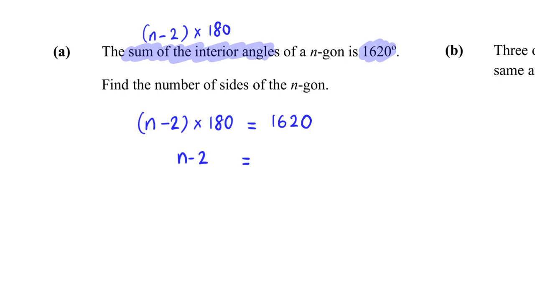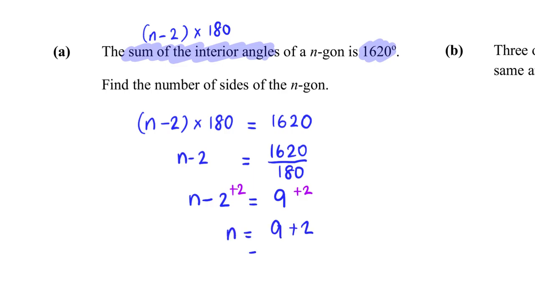Pretty straightforward. Now, I'm going to divide by 180 on both sides. So this will give me 9. Next thing will be to add 2 on both sides, so that I will have n equals 9 plus 2. n is 11.